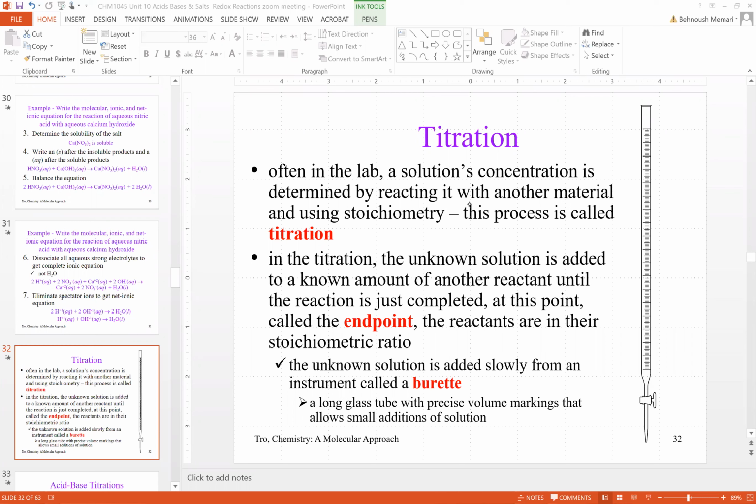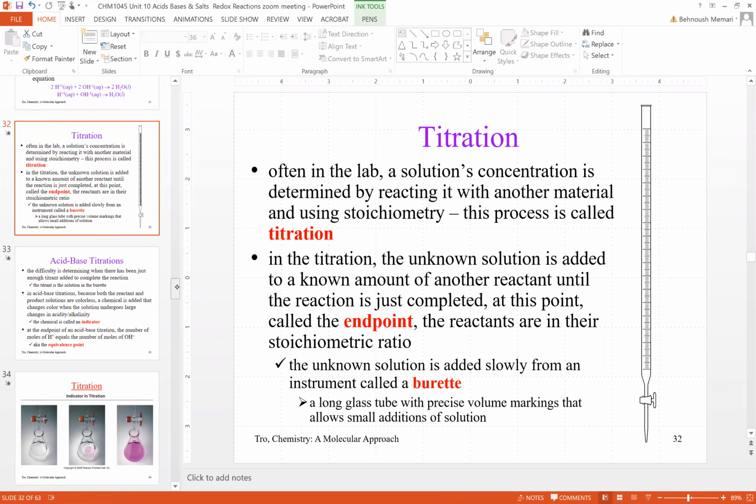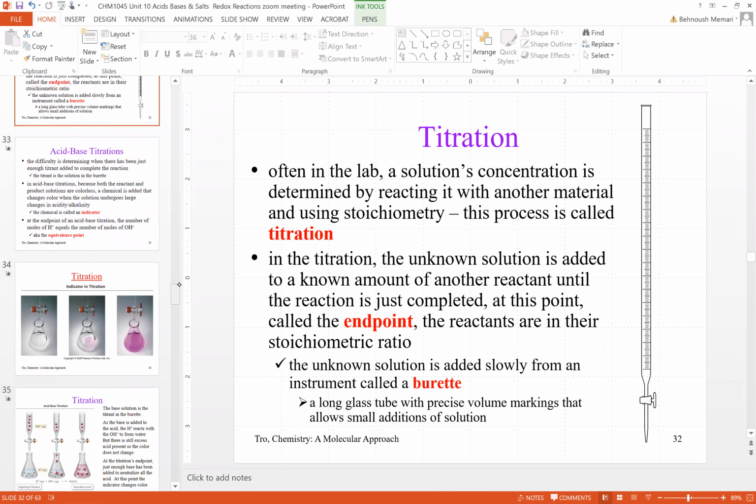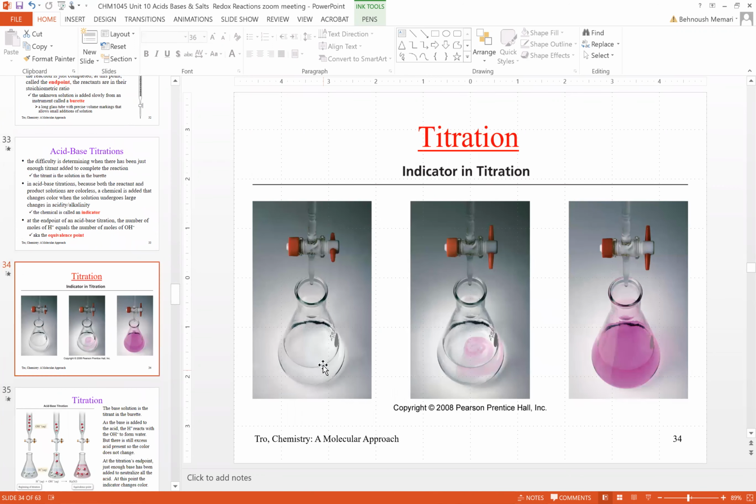For the titration, let's say you have an acid in a flask. You would put the base in a burette, and you must use an indicator or a pH meter.